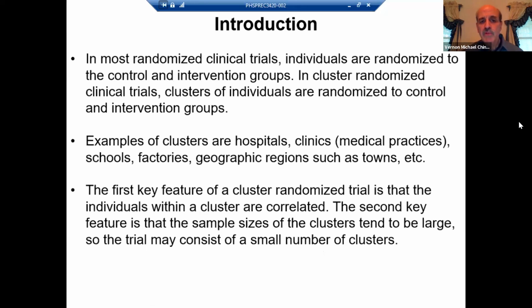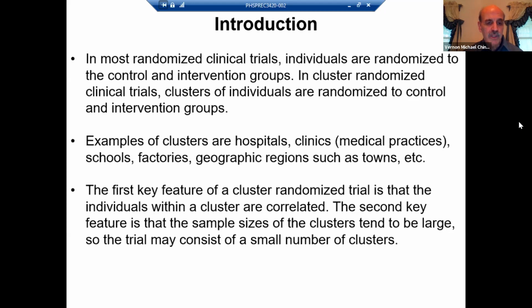In most randomized clinical trials, we typically randomize the individuals to the control and intervention groups. As the name suggests, however, in cluster randomized trials, we randomize clusters of individuals at one time to control and intervention groups.